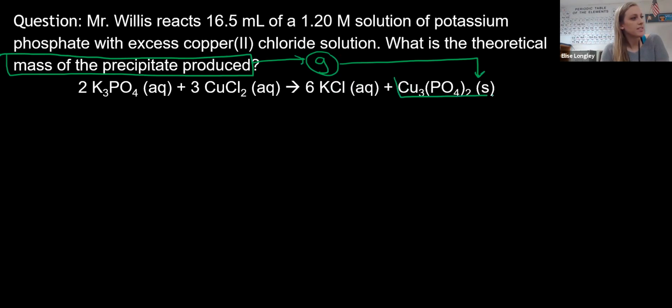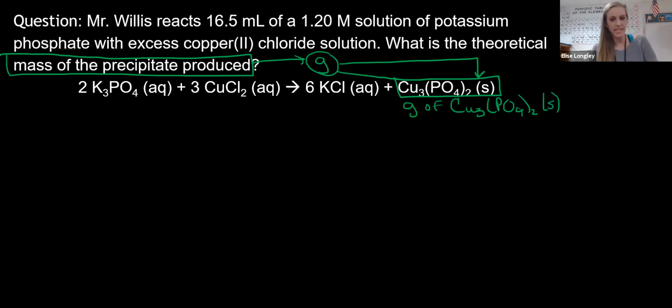So it's asking us for grams of Cu3PO4 produced. Does that make sense to everyone? So we're looking for grams. If we don't have grams of copper phosphate at the end, we didn't do it right.